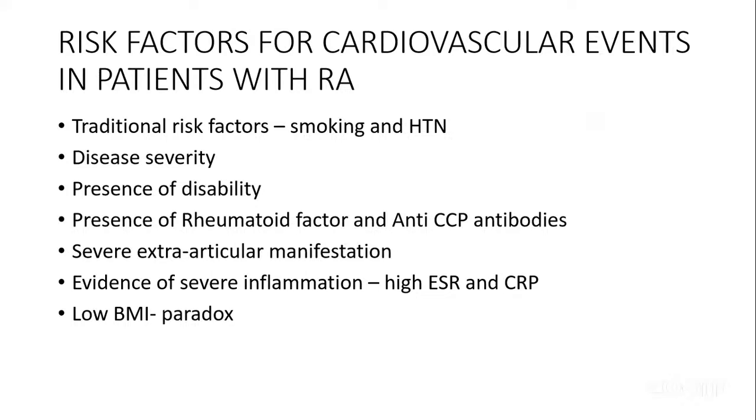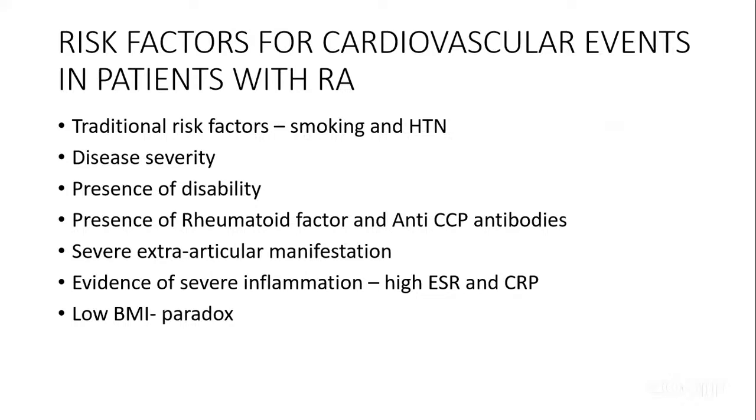Then when the patient is rheumatoid factor positive, like we know about 70% of patients with rheumatoid arthritis have rheumatoid factor. So the presence of rheumatoid factor and anti-CCP antibodies increases the chance of development of cardiovascular complications. When you have other extra-articular manifestations, it's also pointing to increased risk of cardiovascular complication.